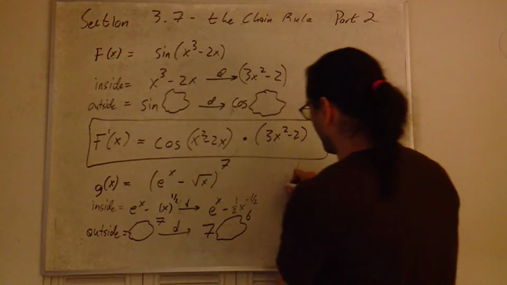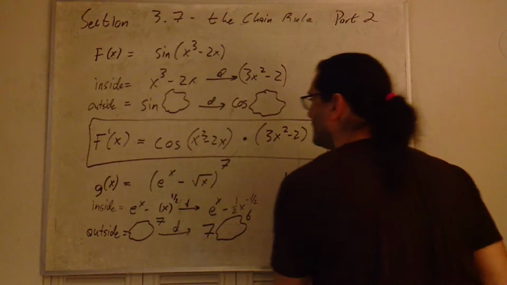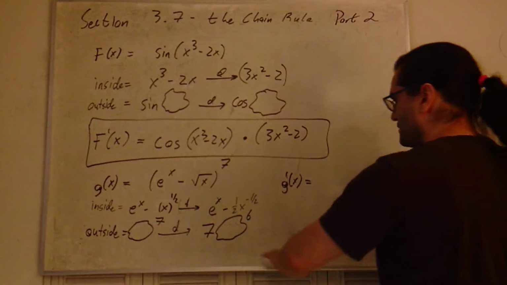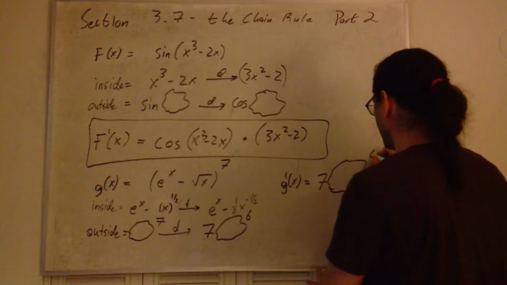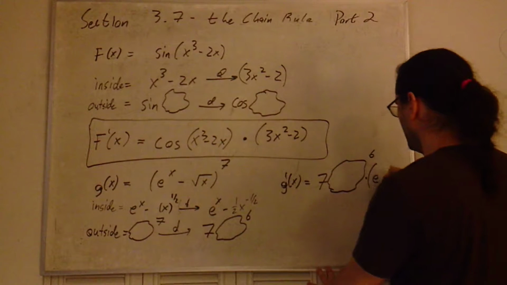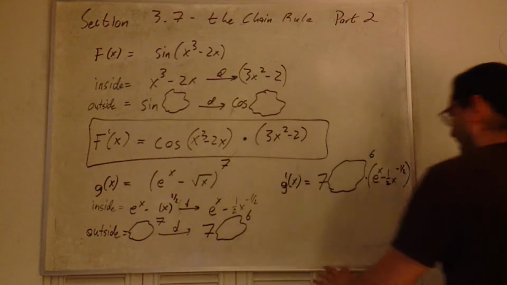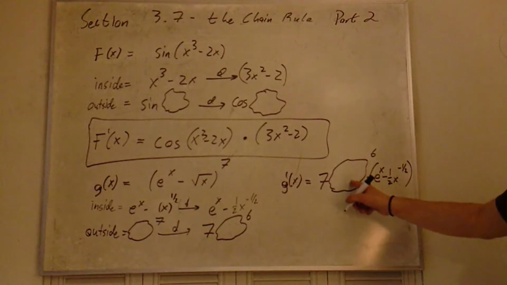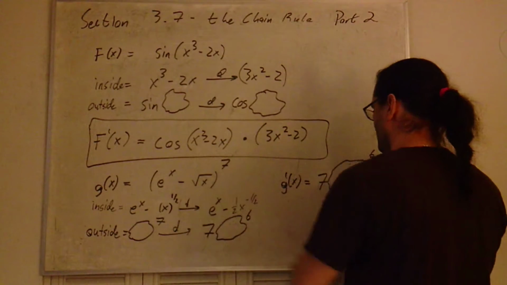And so the derivative of the whole thing is these two pieces multiplied together. 7 somethings to the 6th times e to the x minus 1/2 x to the negative 1/2. Into the blob goes the inside unchanged.